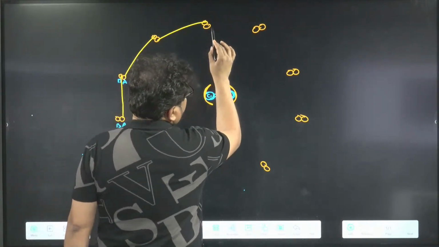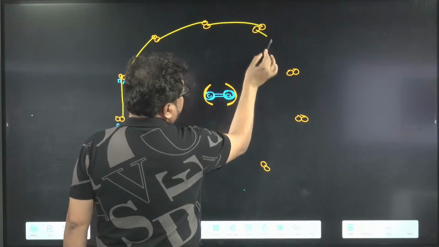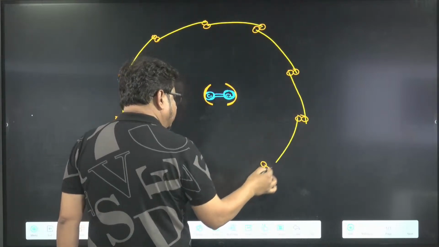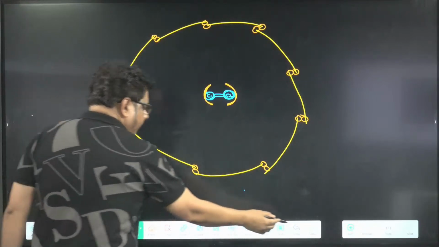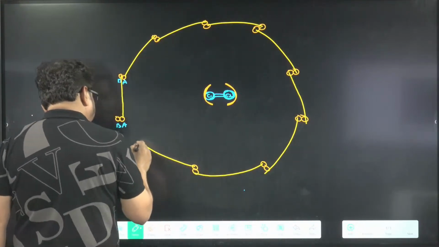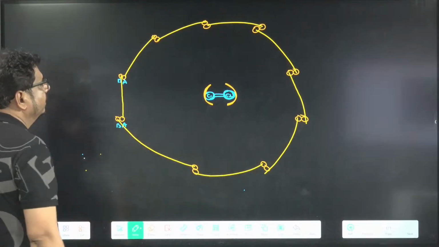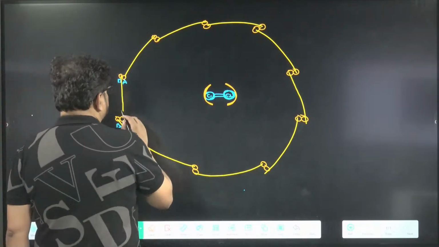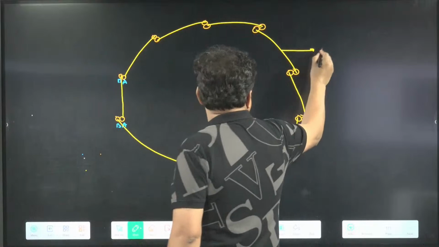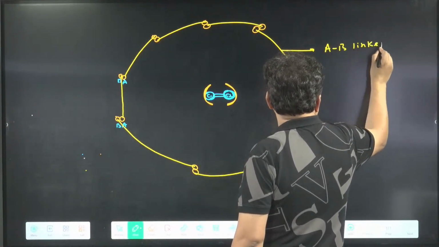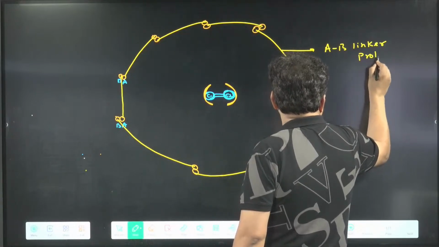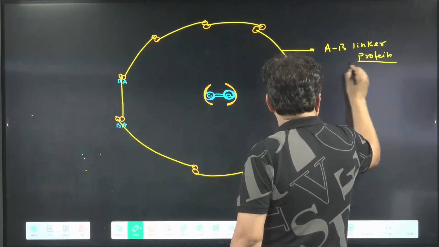This is a protein whose name is AB linker protein. This AB linker protein is joining A with B. Able to understand or not? So this is the AB linker protein.